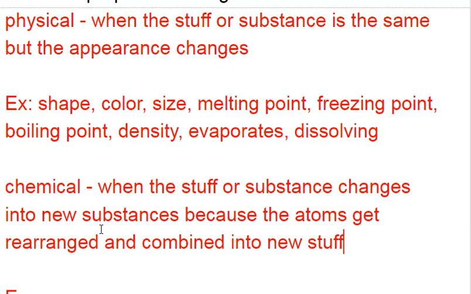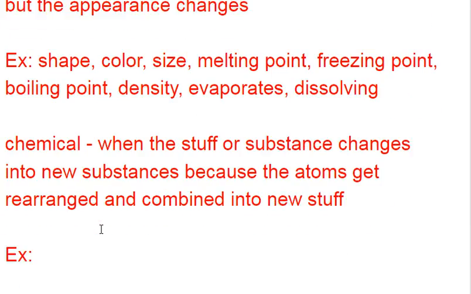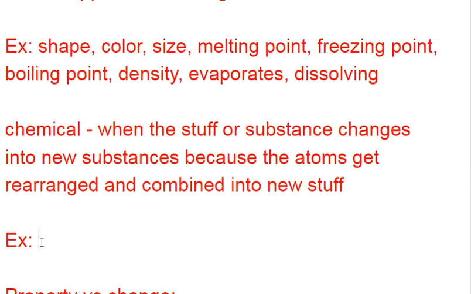So when the stuff or substance changes into a new substance, that's a chemical change. And the reason we call it a new substance is because the atoms are actually rearranged and combined into new things. Now, unfortunately, color can also be a chemical change. So a lot of times you have to know more than just color to decide if it's physical or chemical.